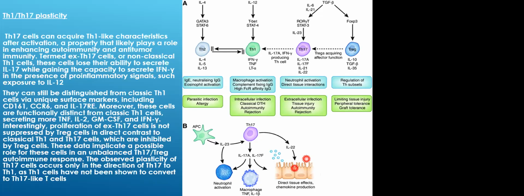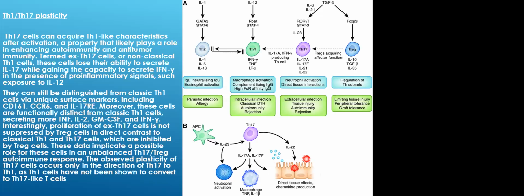They act like Th1, but really they are Th17 turned into Th1 in the presence of pro-inflammatory signals such as exposure to interleukin-12. So we know that multiple sclerosis, yes, is Th1 dominant. Yes, they have too much interleukin-12, but there is also some Th17 activity there. And what happens is that those Th17 evolve into X-Th17 under the influence of interleukin-12.